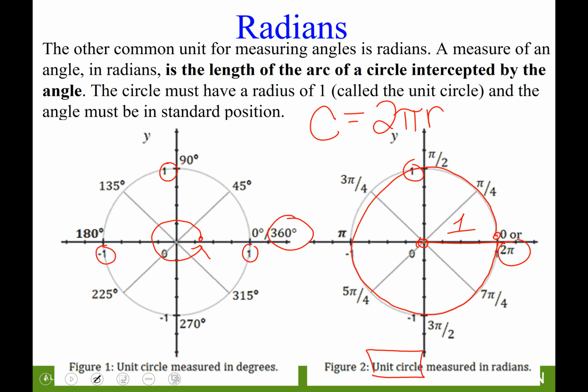Here we're at -1, here we're at -1, and that's because this radius is still +1, because the length has to be positive. So these unit circles have a radius of 1, so that would make it 2 pi times 1, which is where we get the 2 pi from, okay? The unit circle, radius of 1.